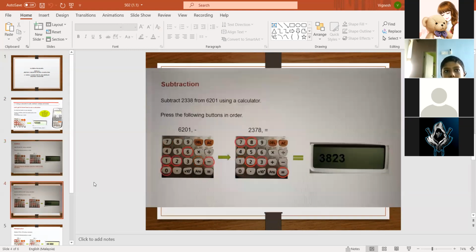And then subtraction again. You have to subtract 2378 from 6201 using a calculator. Which one minus which one? Class?